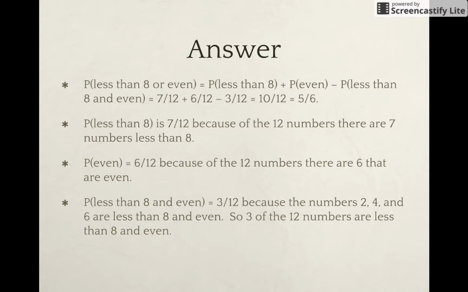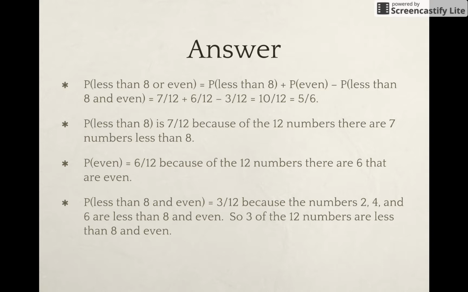To calculate this, again following the formula, we would find the probability of selecting a number less than 8 plus the probability of selecting an even number, and then we'll take away the probability of selecting a number less than 8 that's also even.